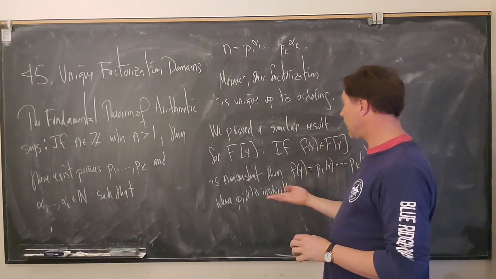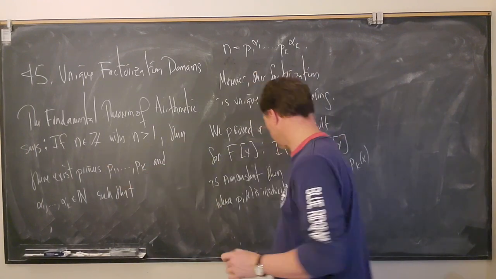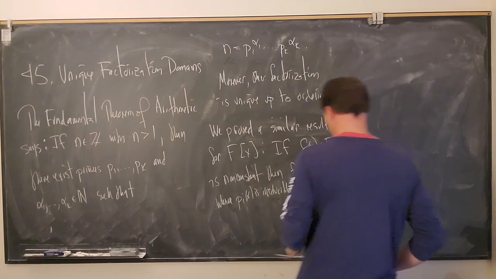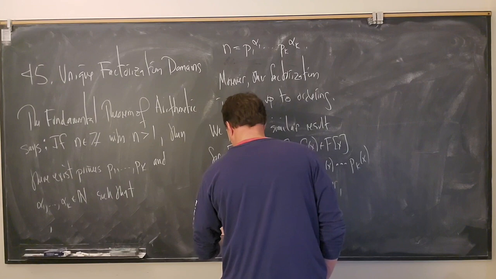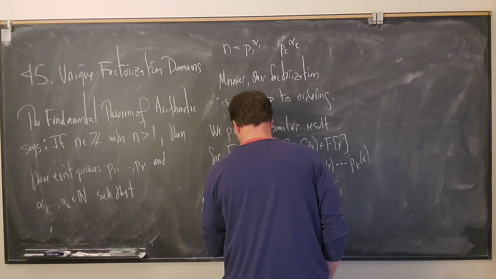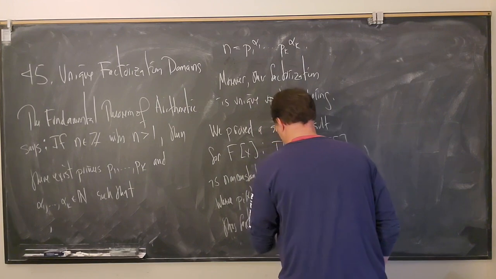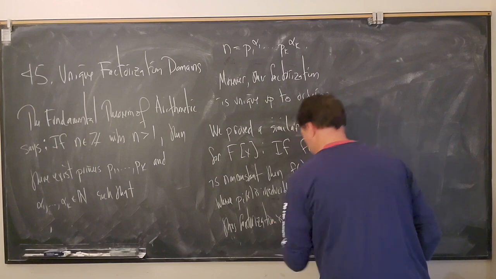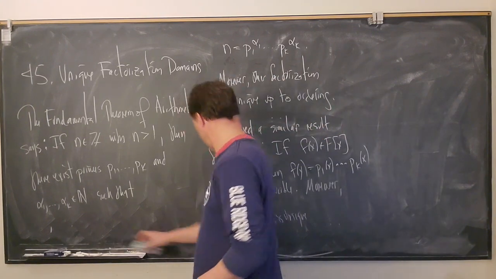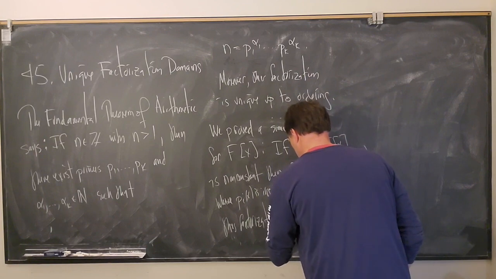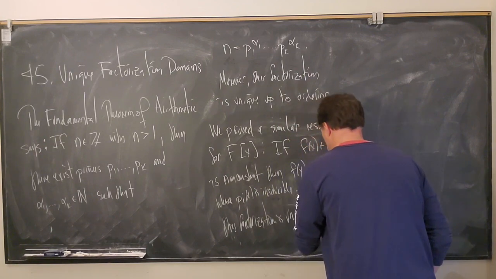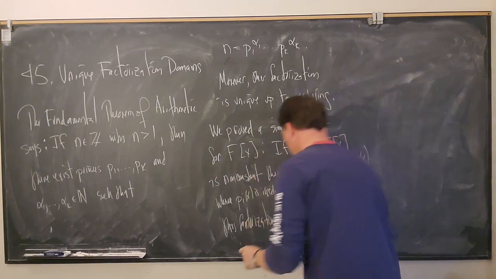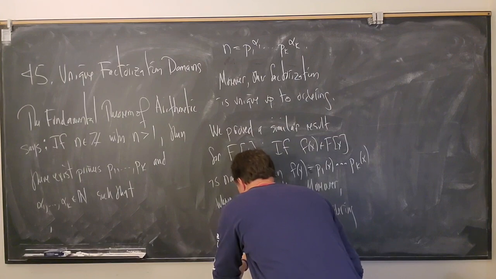So in this case, irreducibles play the role of primes, and so moreover, this factorization is unique up to ordering and multiplication by units.